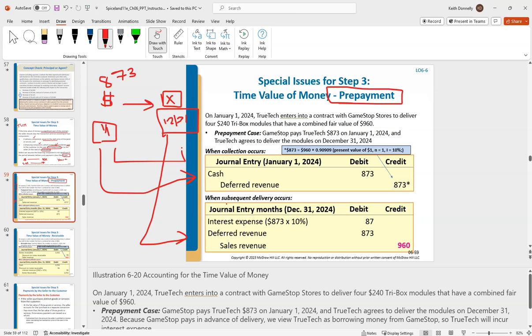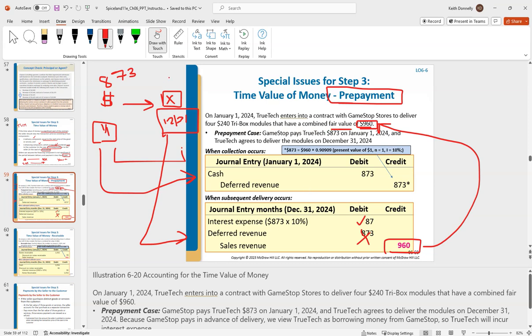We're going to treat it as an interest expense of $87. We'll get rid of the deferred revenue, hit interest expense, and then recognize sales revenue for $960, which gets us up to that fair value amount.